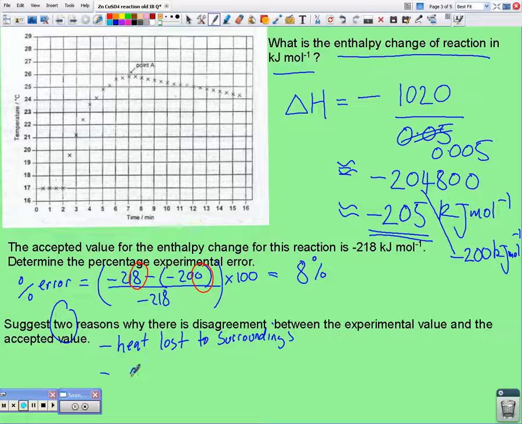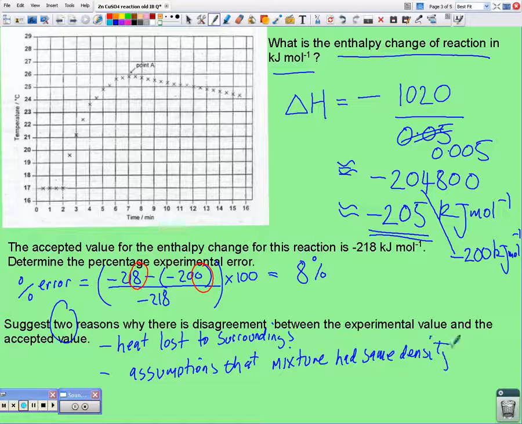But there's also assumptions that the mixture had the same density and heat capacity as water. So there's another 2 assumptions. Also, we assumed that the zinc metal and the copper metal had 0 heat capacity. We also assumed that the thermometer had a 0 heat capacity. So lots of things to evaluate there.